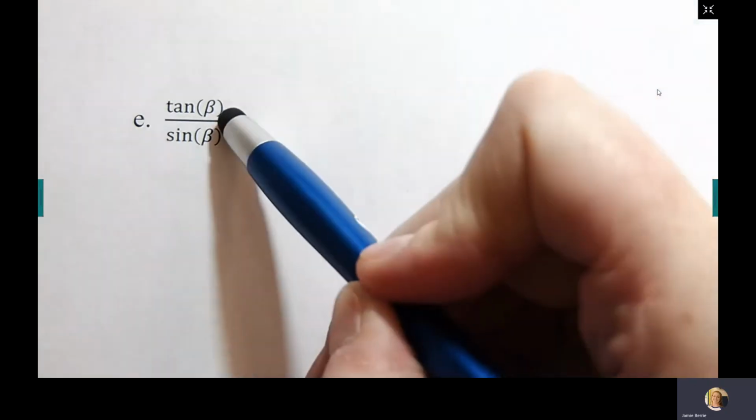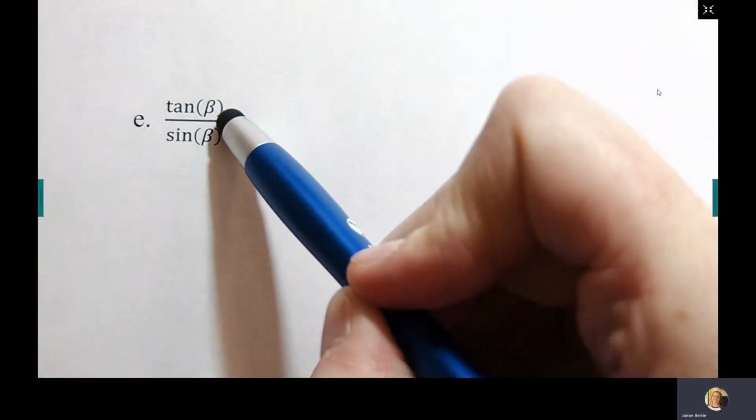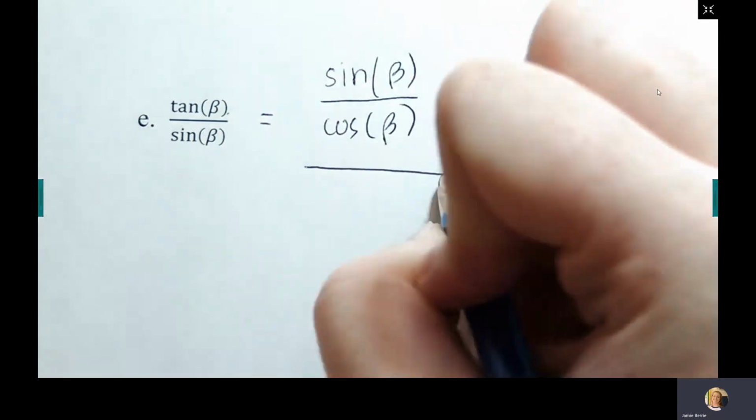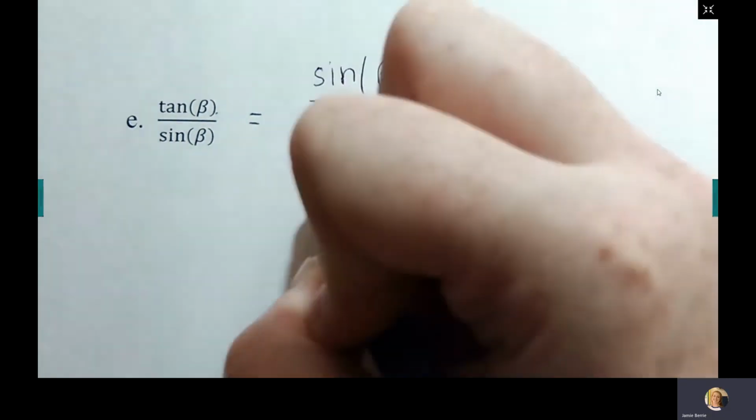So you are going to change tangent to sine over cosine. So that's one of your quotient identities. Some of these you'll have memorized by the time we get to the test. This will probably be one of them. So we'll do sine of beta over cosine of beta all over our denominator, which was sine beta.